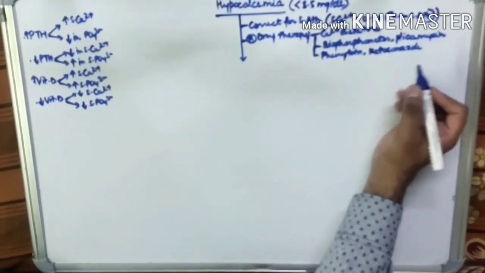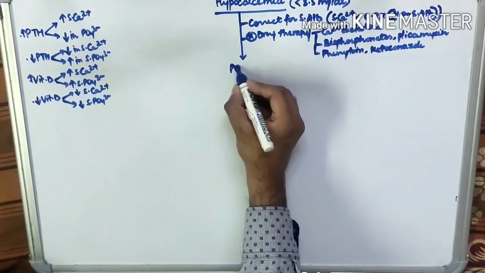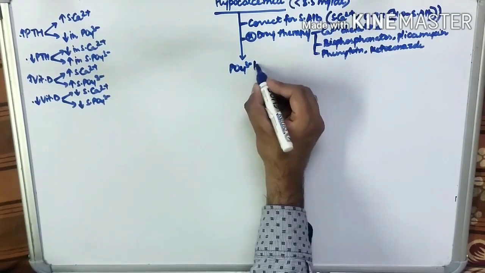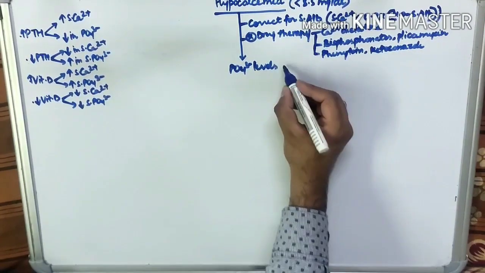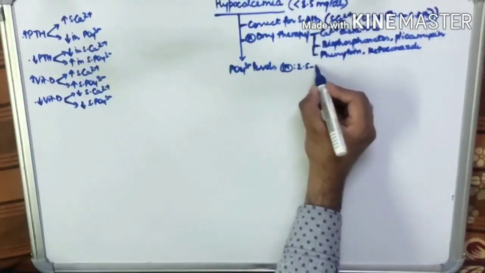Now, after calculating corrected calcium and exclusion of drug therapy, assess serum phosphate levels. Normal value is 2.5 to 5.5.